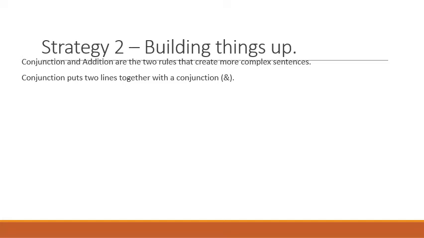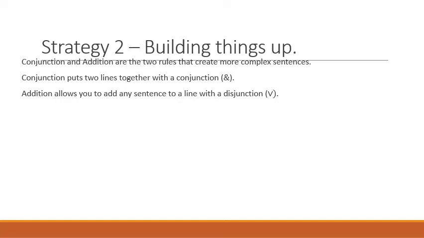So take any two lines in your proof, and you can stick them together with the conjunction sign. Addition allows you to add any sentence that you want, even if it's not in the proof, to a line as long as you use the or symbol. So that gives you a lot more freedom. That addition allows you to add whatever, as long as it's a sentence in the language, to an existing line in your proof, and as long as you add it with the or.